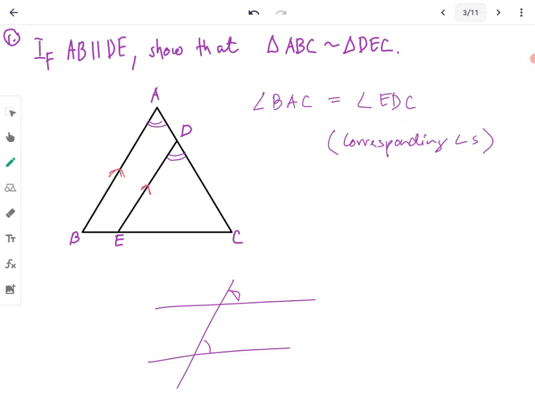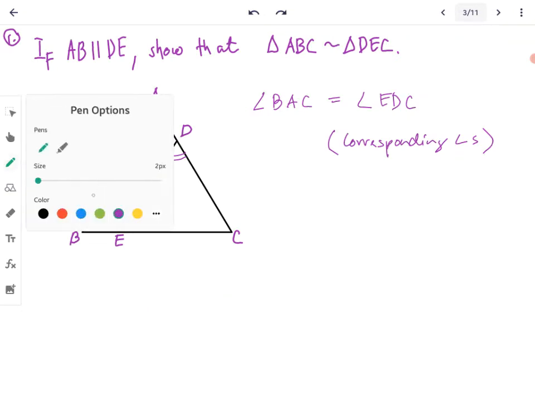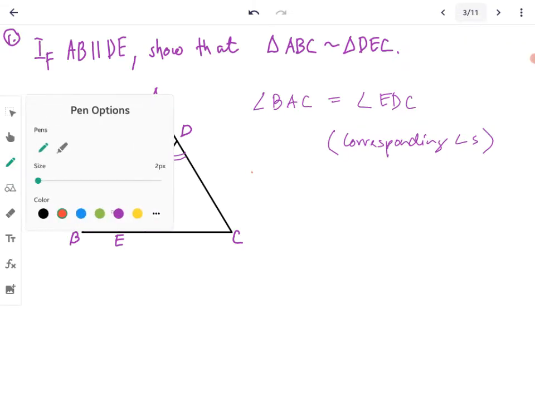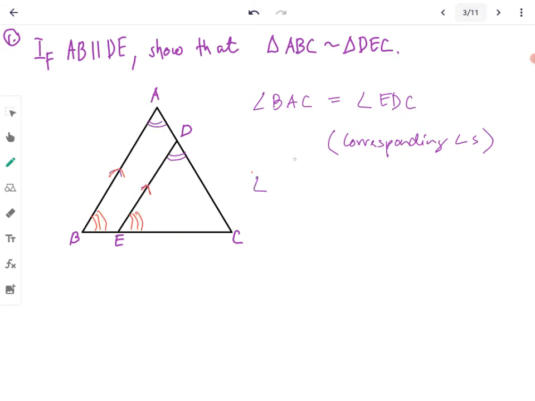That's what happened to angle BAC and angle EDC. Next, we can also say that the other pair are also equal. By the same reasoning, angle ABC and angle DEC are equal because they are corresponding angles.